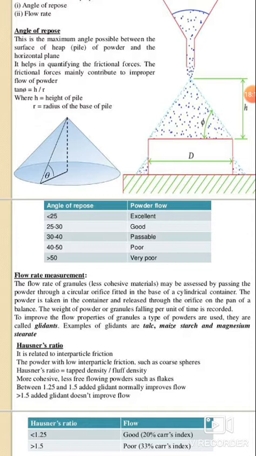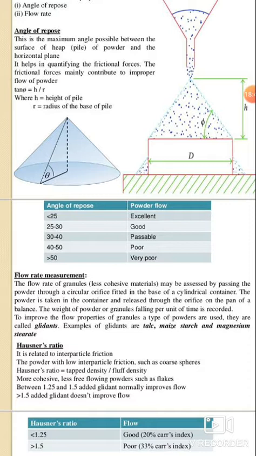You take the powders and make a setup ready with a measuring funnel, and the funnel is blocked with some cotton or tissue. You fill the powders in the funnel, then release the cotton or tissue paper and allow the powders to flow freely onto the horizontal surface.